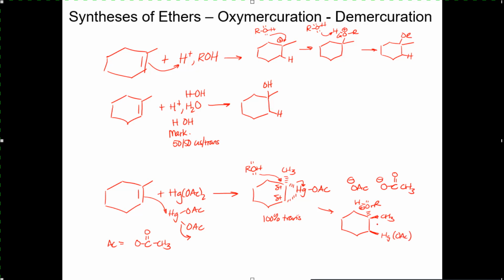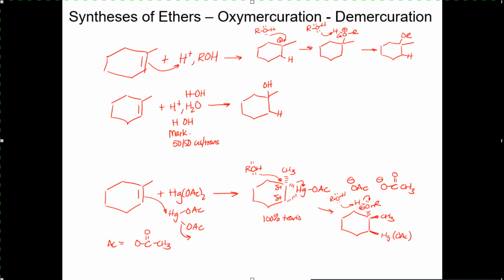So this is Markovnikov addition, meaning that the alcohol adds to the carbon with the most substituents, and then the mercury would end up like this, and then another alcohol molecule would come in and catch that hydrogen as this pair of electrons goes to form the oxygen to restore the zero charge on the oxygen.